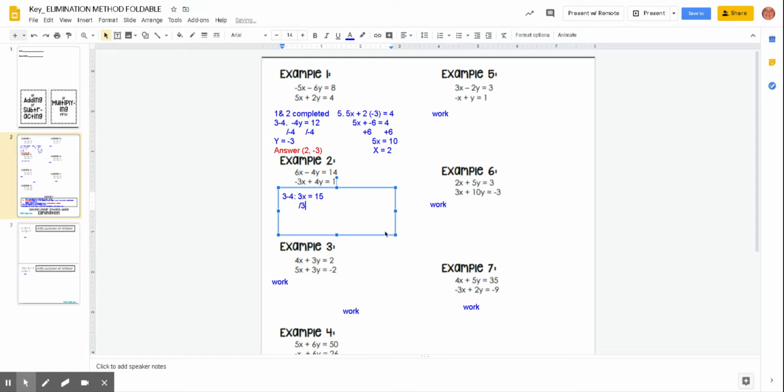And divide both sides by 3. And we would find out that x equals 5. Okay. So far for our answer, we have a value of 5 for x.